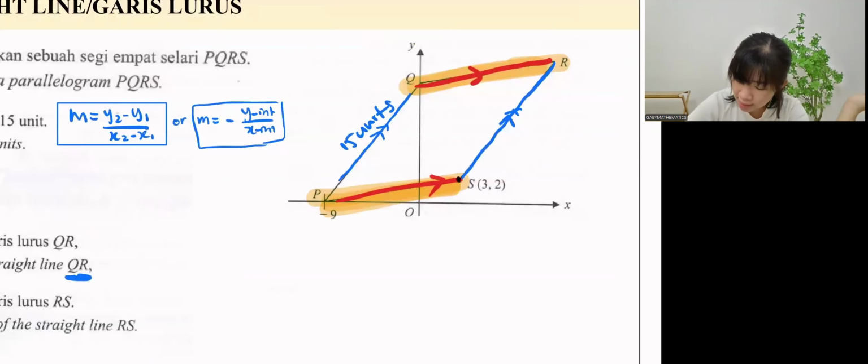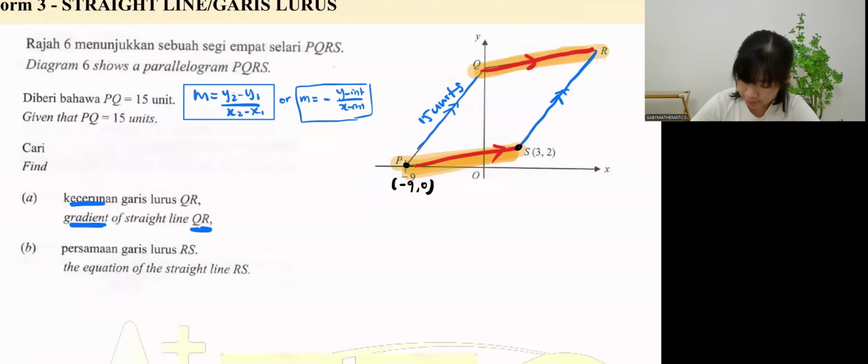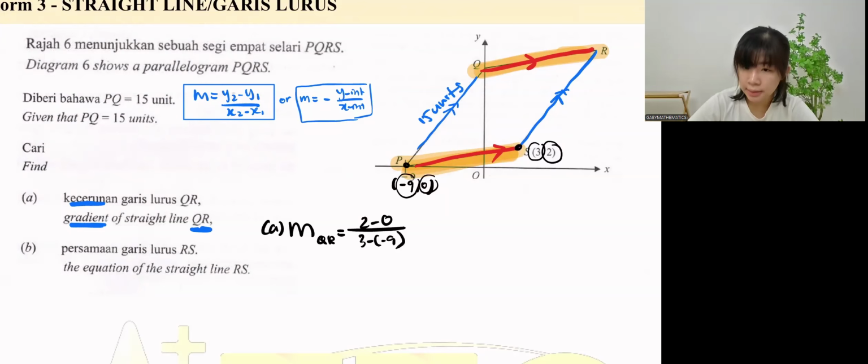We have S (3, 2) and P with coordinate (-9, 0). So we can find the gradient. Gradient of QR: y minus y, 2 minus 0, over x minus x, 3 minus -9.